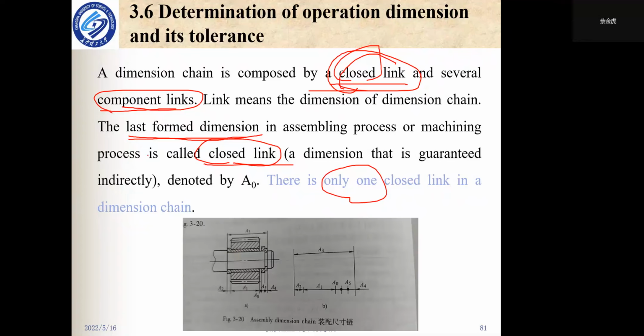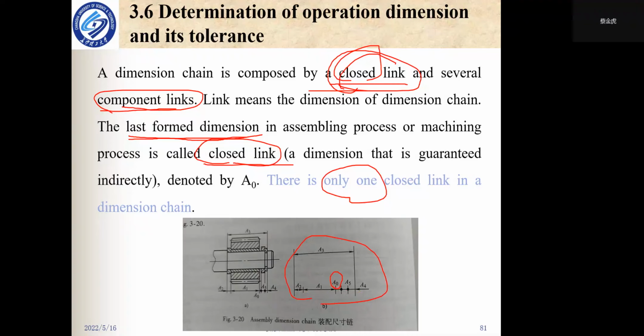For example, this is the assembly dimension chain, and the symbol A0 represents the closed link because it is the last formed dimension in the assembly process or in the machining process, because we process A1, A2, A3, A4, and A5, and the dimension A0 comes out naturally.